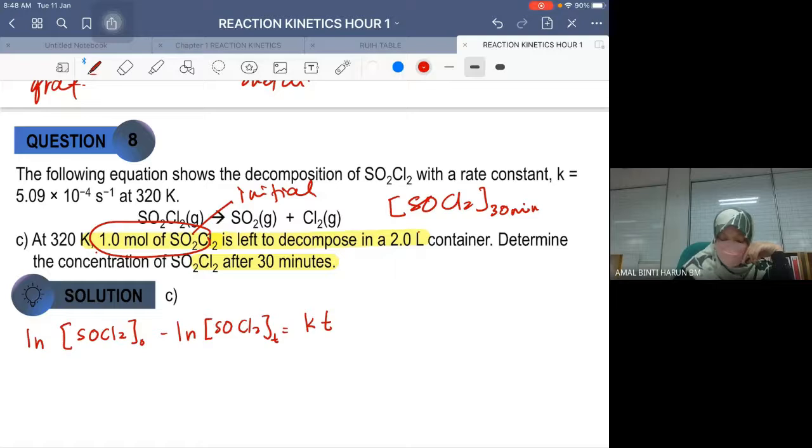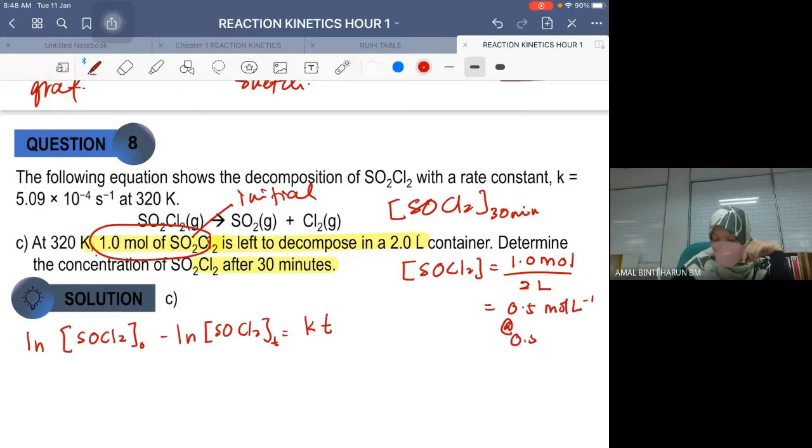So initially, do we know the concentration? So it is, cari concentration thionyl chloride. You are given the number of mole divide by volume, dia 2 liter. So it is 0.5 mole per liter ataupun 0.5 molar. So initially it is ln 0.5 minus ln, tak tahu berapa concentration dia.